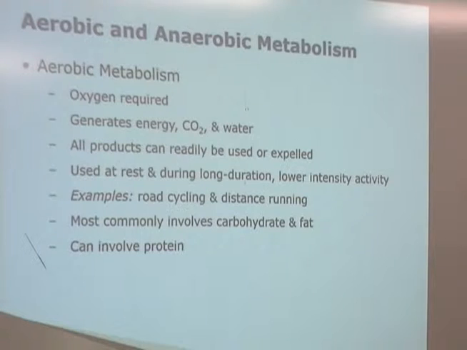If I'm making energy aerobically, then I've got byproducts of carbon dioxide and water. But those are good byproducts to have because they're not toxic and they're easy to get rid of. We use aerobic metabolism for things that take a long time. So sleeping at night, sitting listening to me wittering on about XFIT, right?